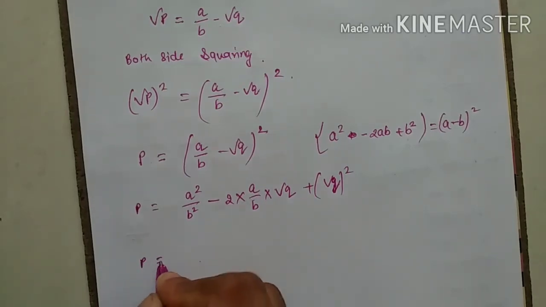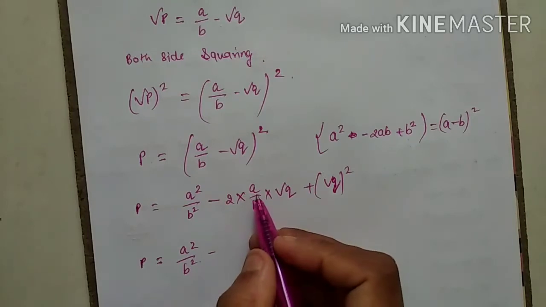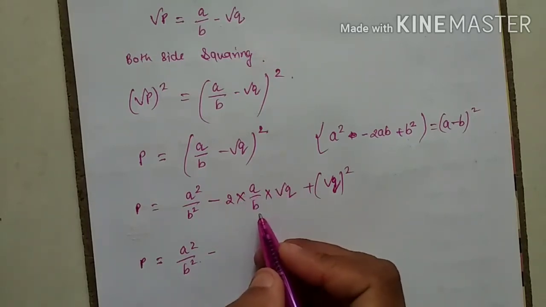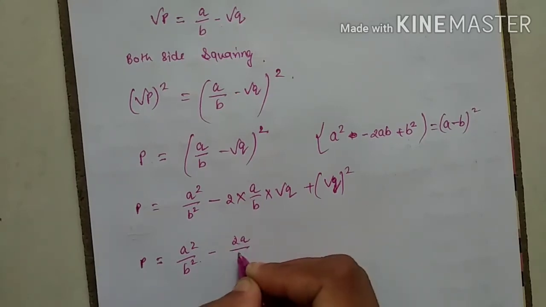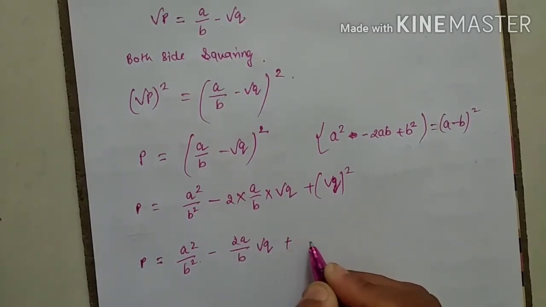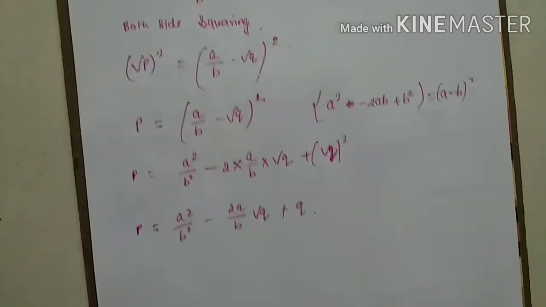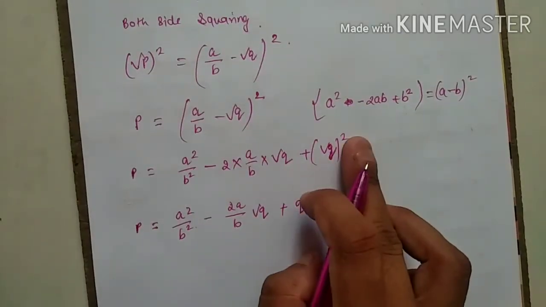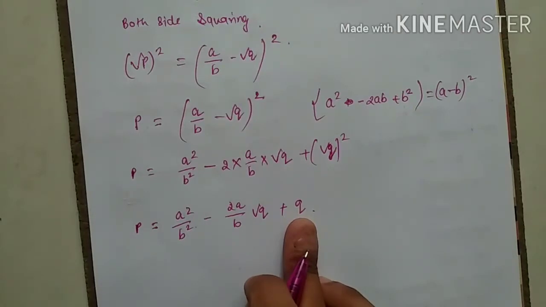Solve it. p equals to a square upon b square minus, see, this you can write as 2a upon b root q plus q. Root q square becomes q, so I am writing q. Correct.